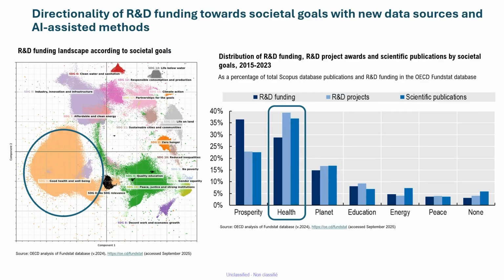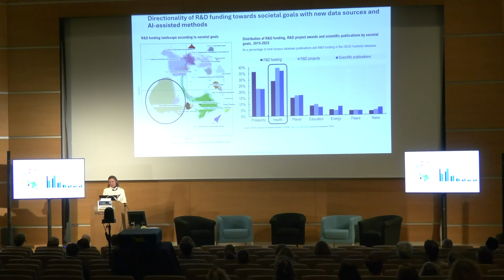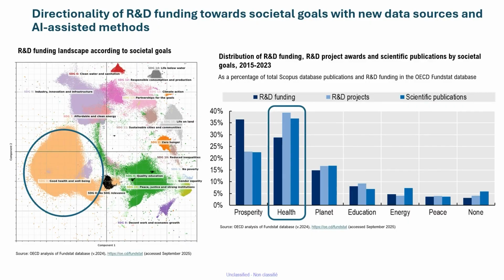This one is a study that our colleagues did to see where R&D funding had been allocated. If you look at the societal goals of the UN, in terms of, if you look at the chart, the dark blue is the total of R&D funding, the proportion of R&D funding which goes to prosperity, health, planet, education, and so on.